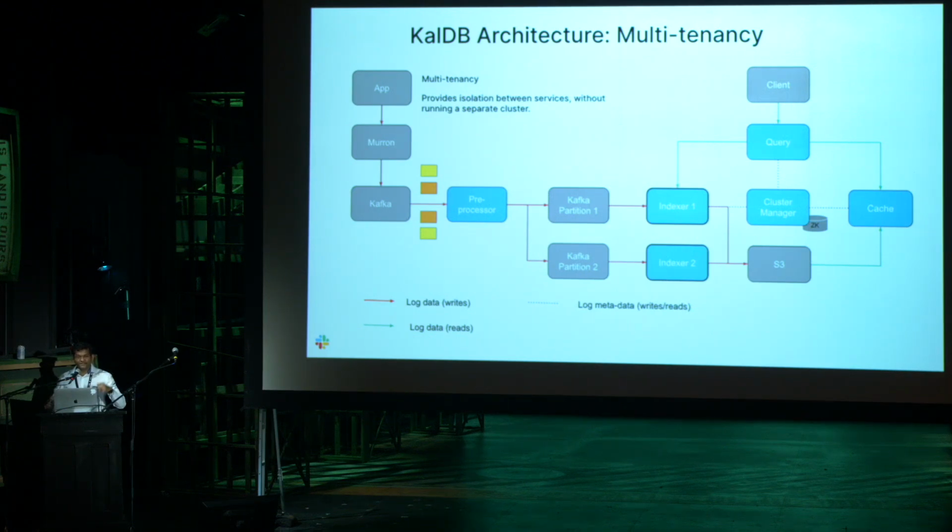Let's say you co-locate a large customer and a small customer on the same cluster. And let's say the larger customer is producing a lot of log writes, or they're doing a lot of reads because of an incident or something. In both of these cases, the smaller customer is affected.